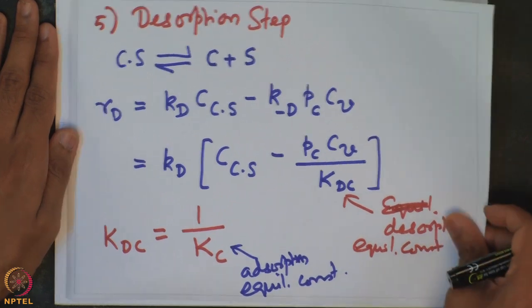So, what we have characterized so far are these 5 steps which are present in the catalytic reaction, that is the external diffusion, the internal diffusion, the adsorption process, the reaction process, and the desorption process.